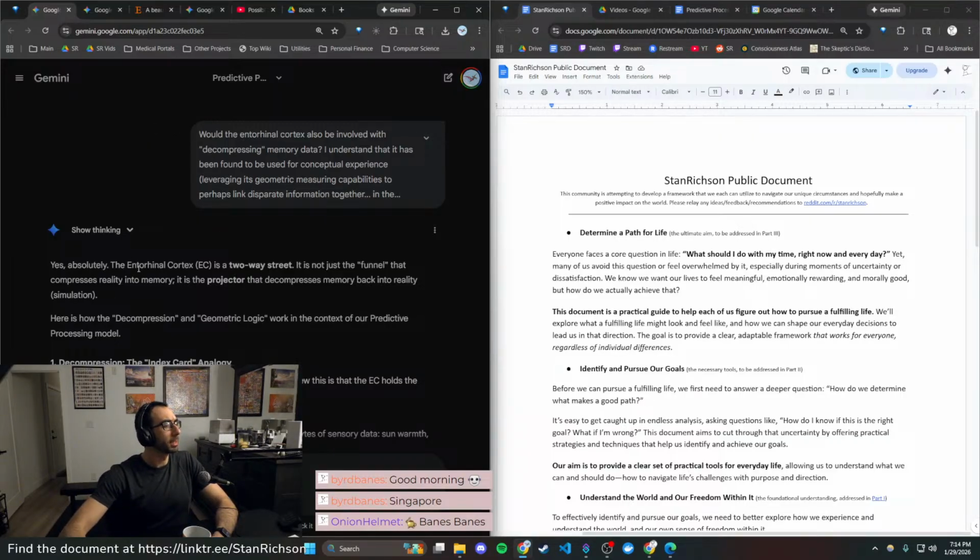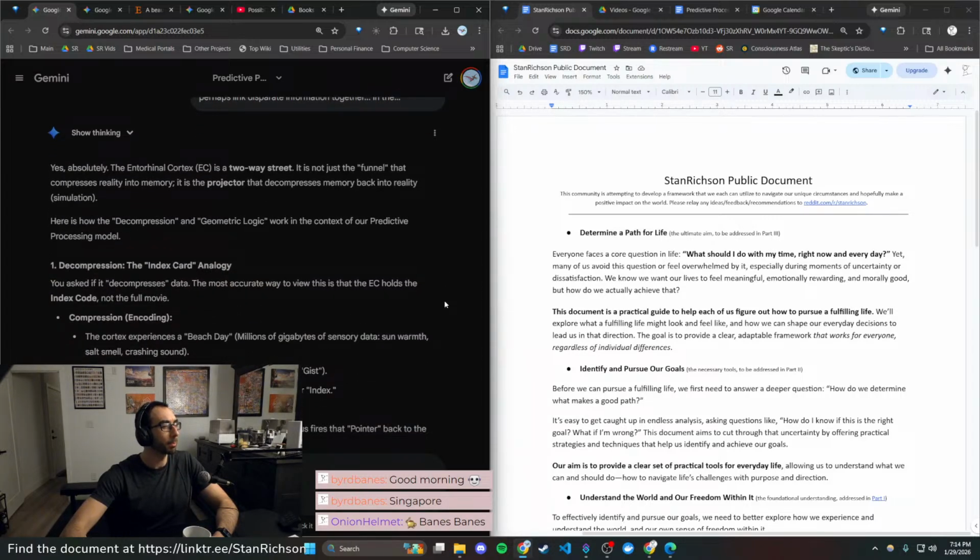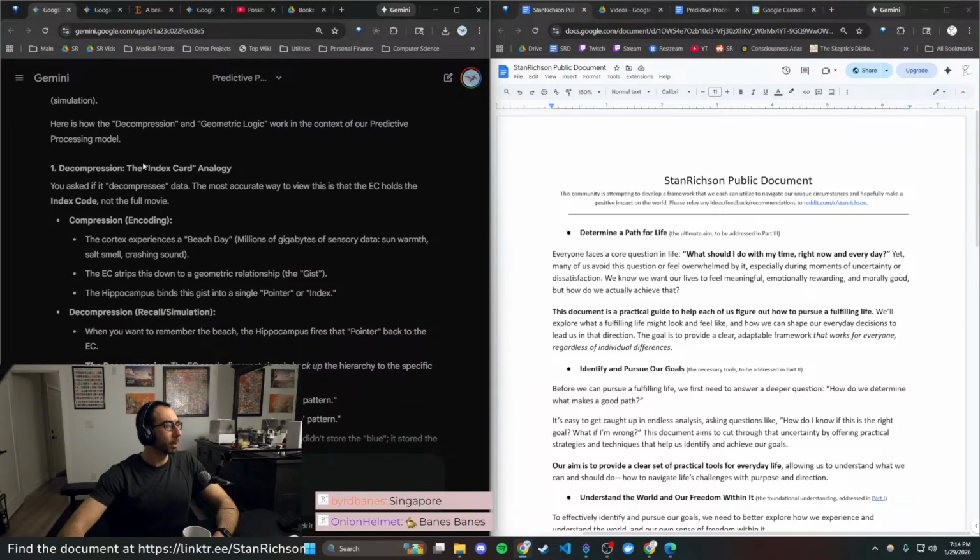Okay, yes, the entorhinal cortex is a two-way street. It is not just the funnel that compresses reality into memory. It is the projector that decompresses memory back into reality. So, decompression, the index card analogy. If you asked if it decompresses data, the most accurate way to view this is that the entorhinal cortex holds the index code, not the full movie.